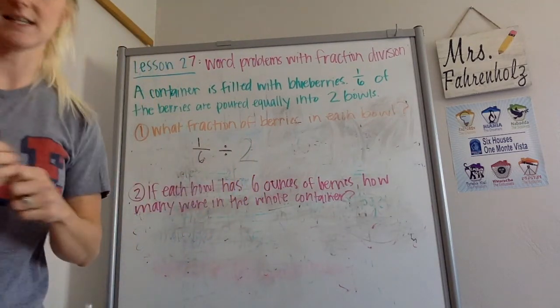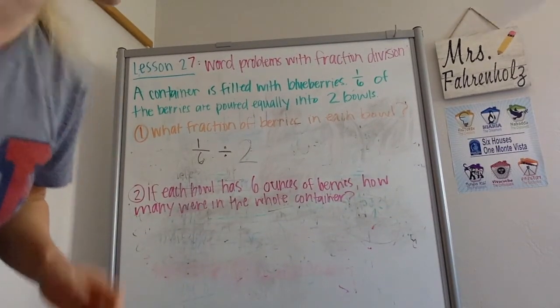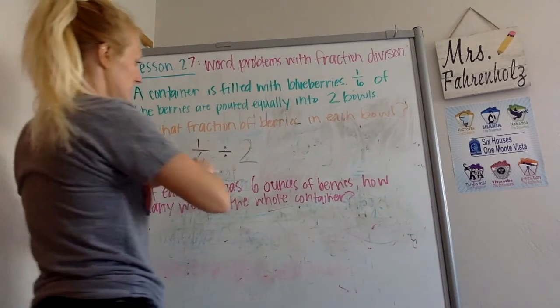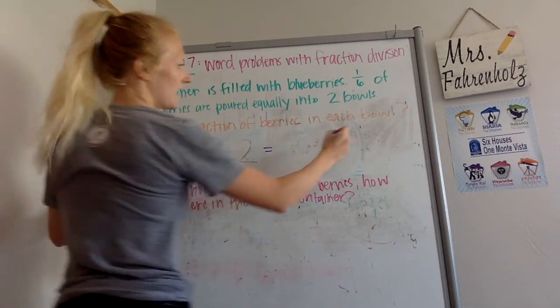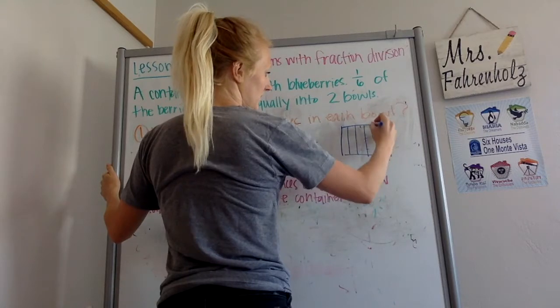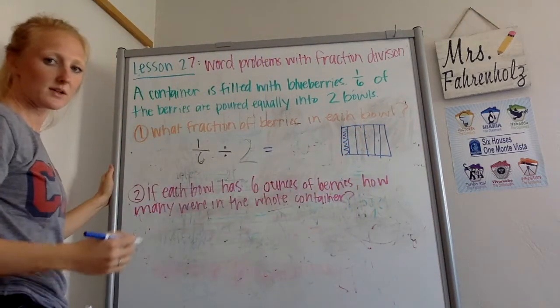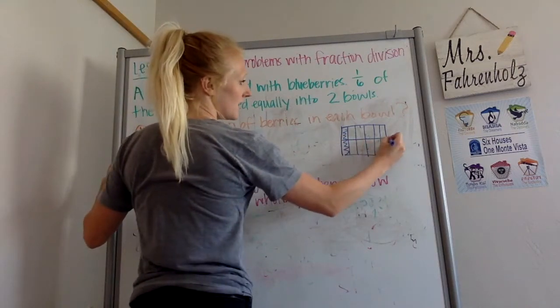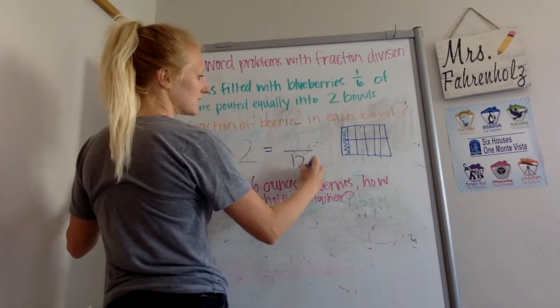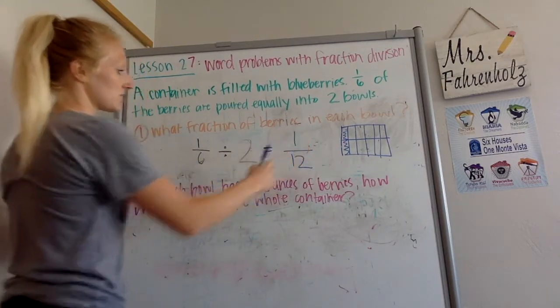Now, if I have 1/6 and I have to separate it equally by 2, I now have 12ths. And if I'm dividing 2 pieces by 2, that's 1 each, so that's 1/12.